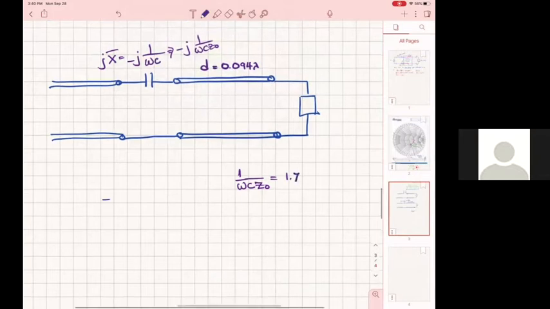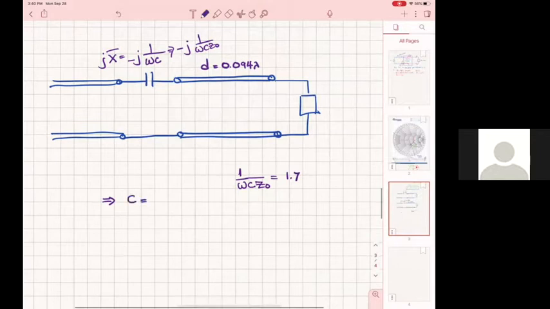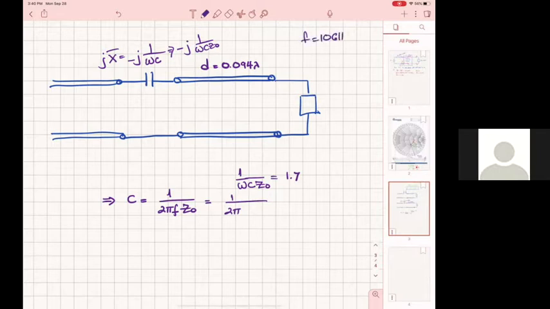And then from there, I can find C if I know F, and of course Z naught, I know it's 50. All right, so let's assume that I find C. It's 1 over 2 pi F. Let's assume that F is 10 gigahertz.